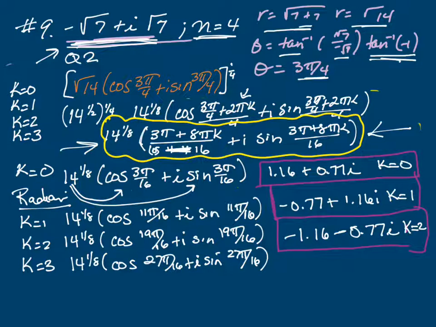So instead of 19, go back and put 27, and you should get 0.77, and for sine put in 27, and you should get negative 1.16, so minus 1.16i. That's when k equals 3.